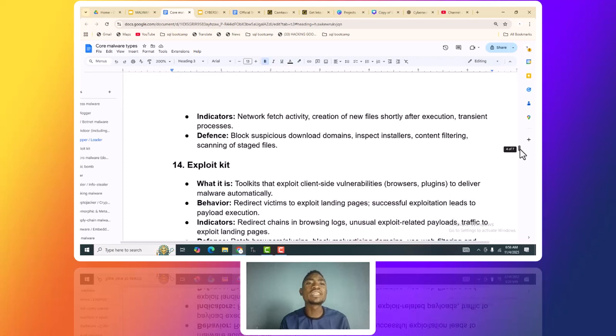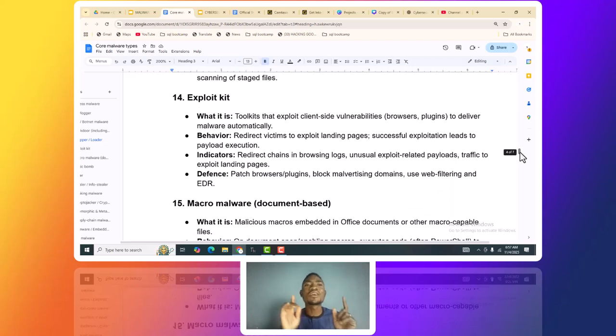Some indicators of compromise are network fetch activity, creation of new files, and short-lived processes shortly after execution. To defend, we need to block suspicious or automatic downloads on our system, and use installer inspection or content filtering before downloading or installing on our devices.